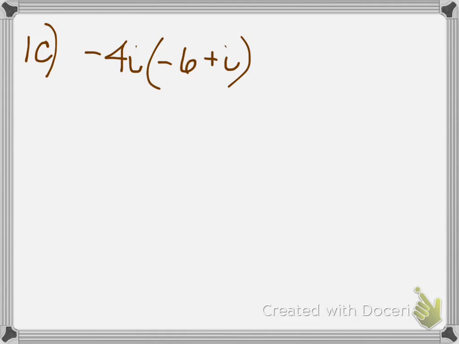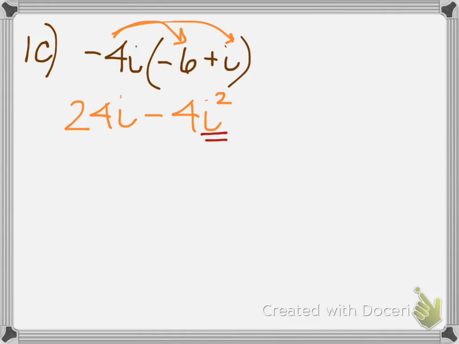Okay, so on to the next. 1C, we have negative 4i times negative 6 plus i. So here we just have the distributive property, so negative 4i times negative 6 is positive 24i, and negative 4i times i is negative 4i squared. Now remember, the i squared is special in that it turns into a negative 1.